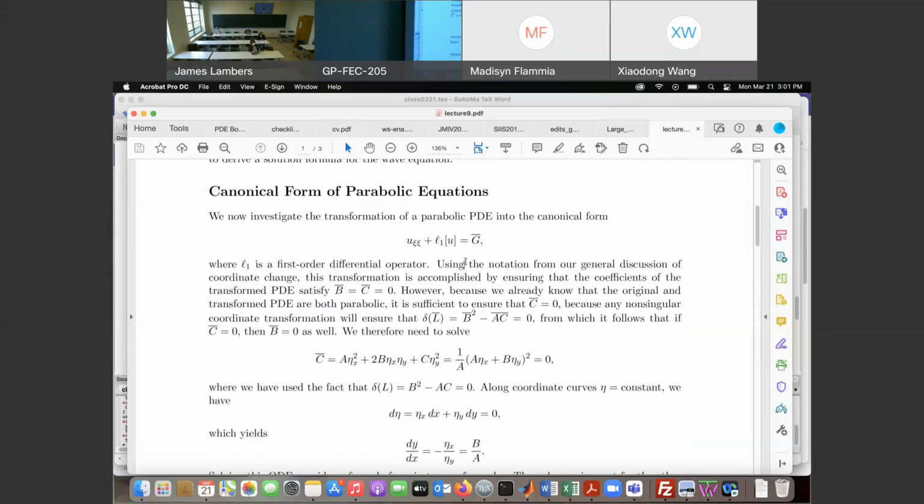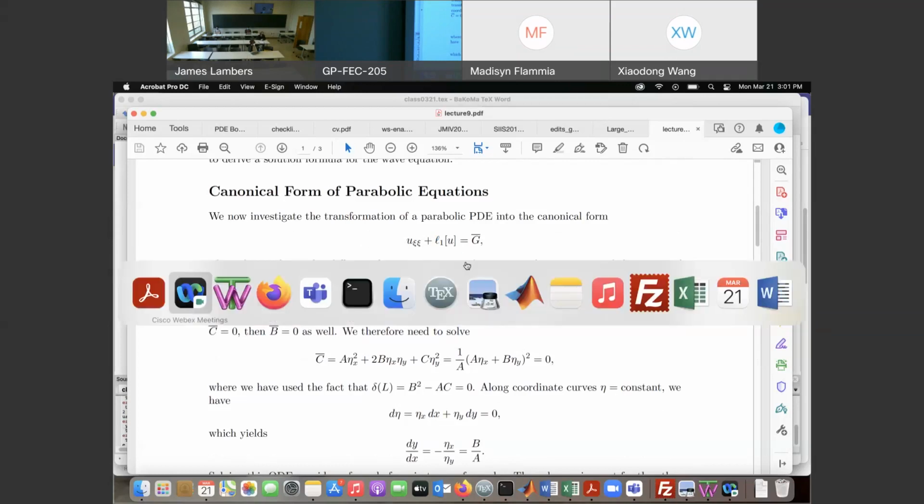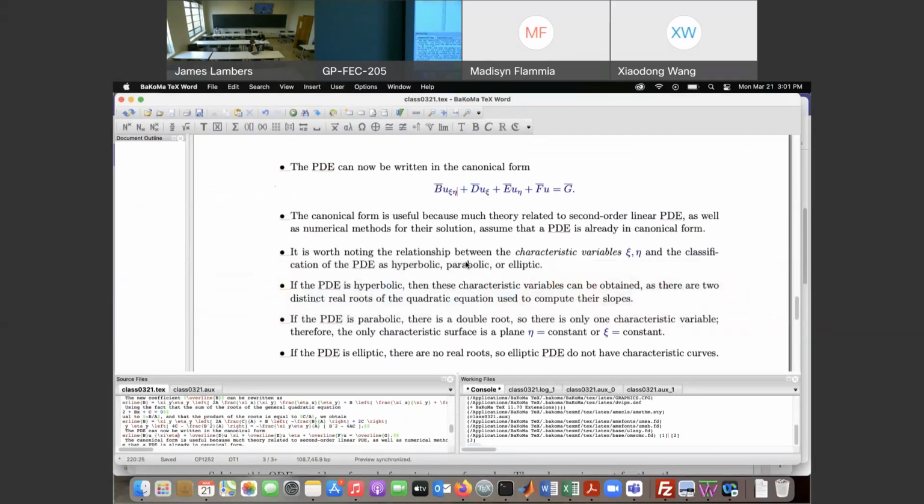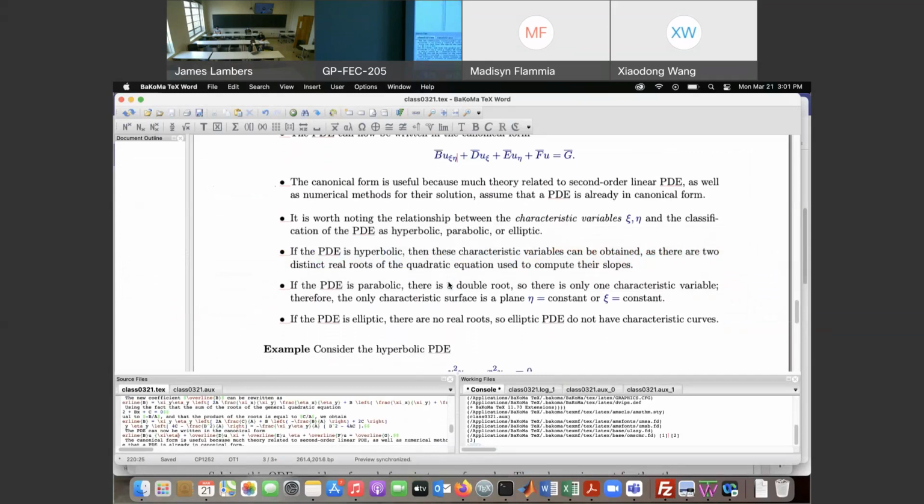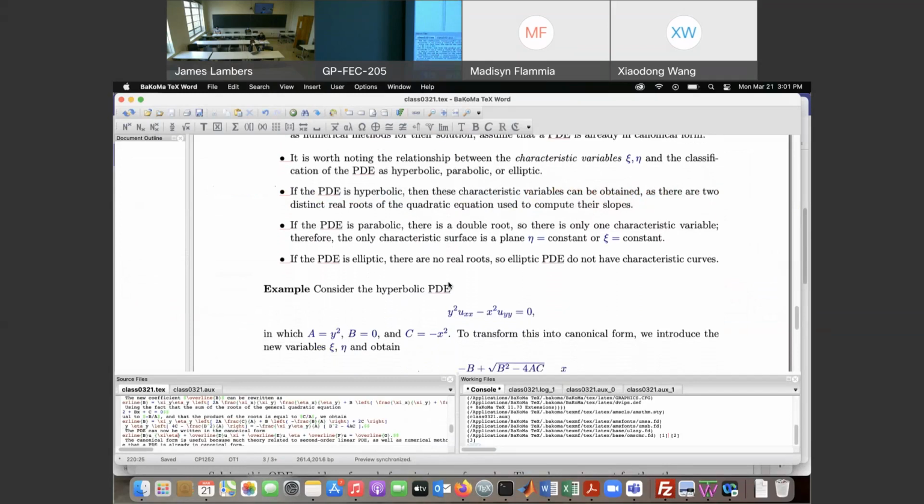So depending on whether b squared minus 4ac is positive, 0, or negative, that determines which canonical form is possible. All right, so now I'm going to show you an example of this process carried out for a specific PDE.